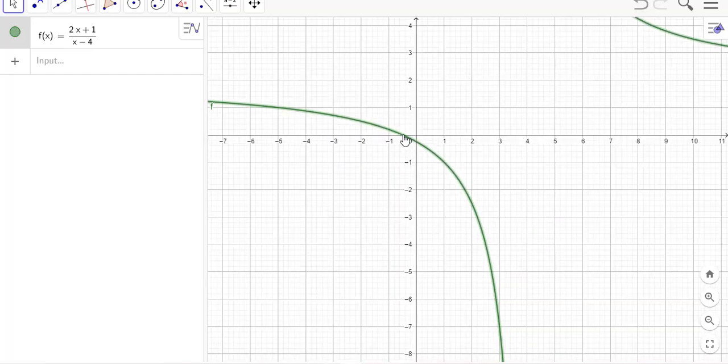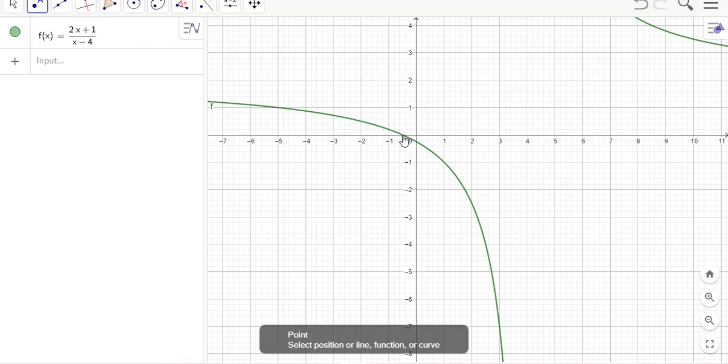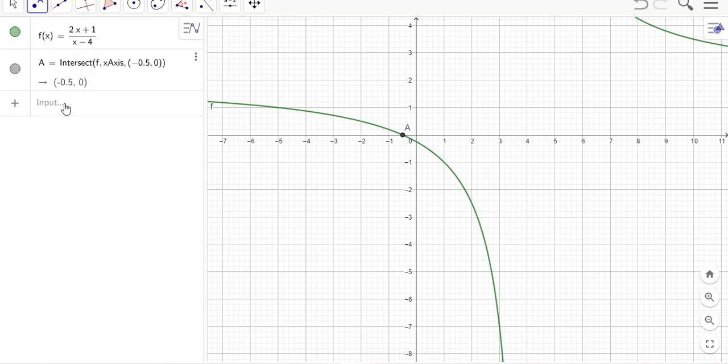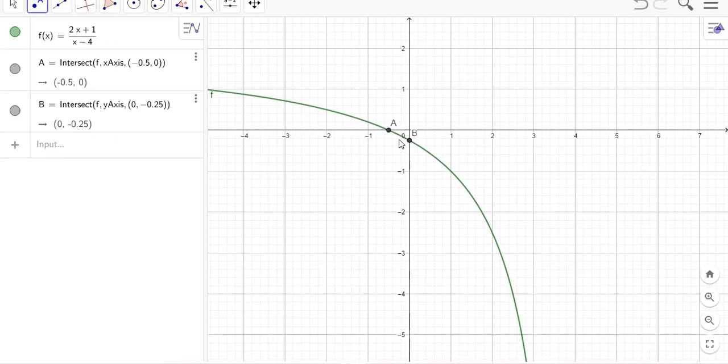The point of intersection here is negative half, 0. And if I zoom out and tap it somewhere here, 0, negative 0.25. So those are the intercepts.